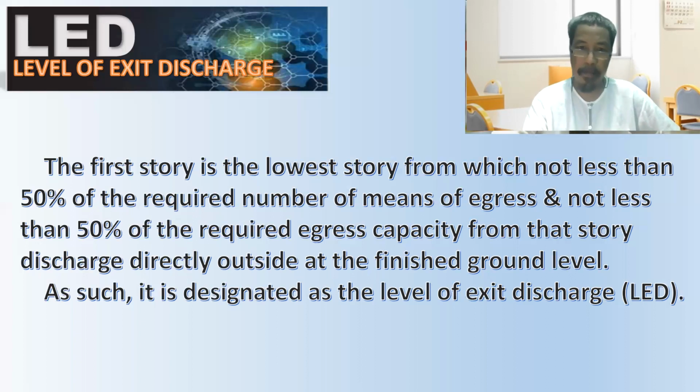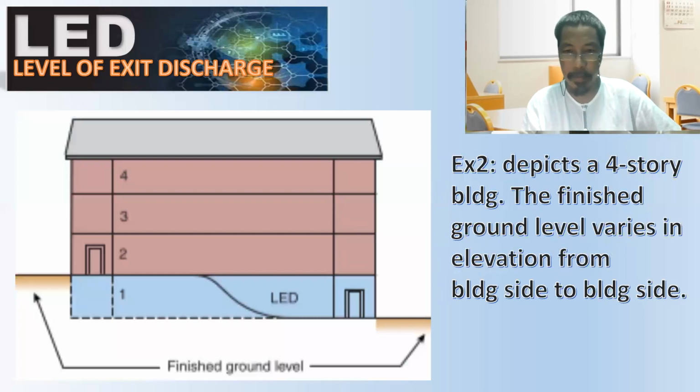Okay. Next example, number 2. This picture depicts the same 4-story building, 1, 2, 3, 4. But now, as you can see, there are 2 exits on different floors, one for the first floor and one for the second floor.